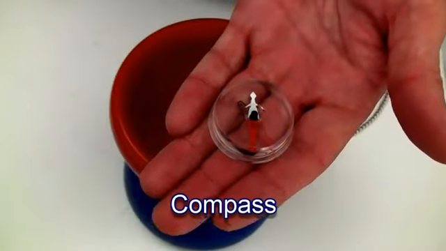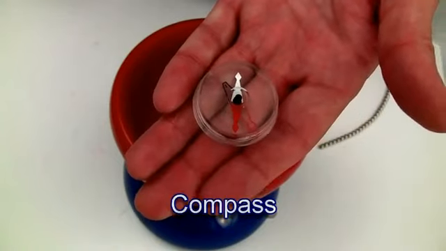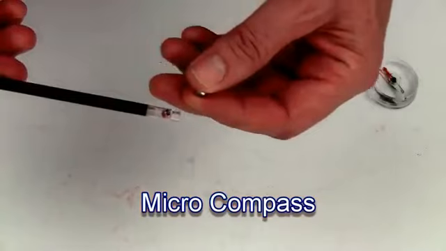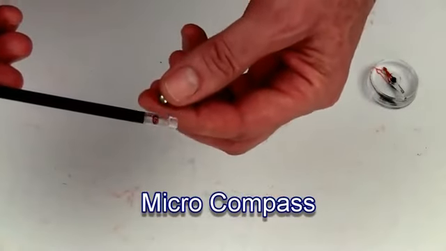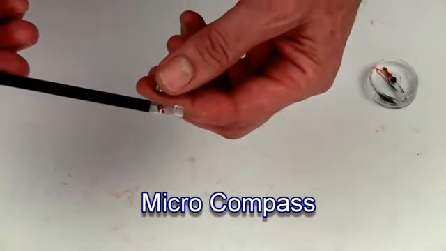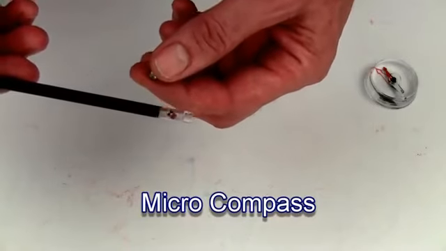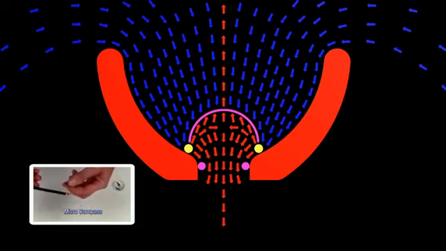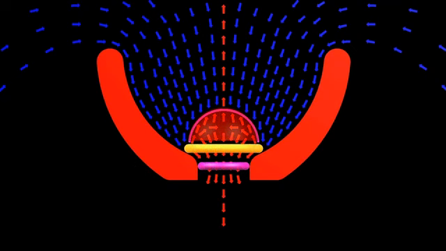A regular compass is much too large to properly map the fields within the magnetic poles, so a much smaller magnetic compass was fabricated to map the fields in and around the magnetic poles. The red and blue arrows shown here indicate magnetic orientation and the direction of the flow of matter in and around the magnetic pole.